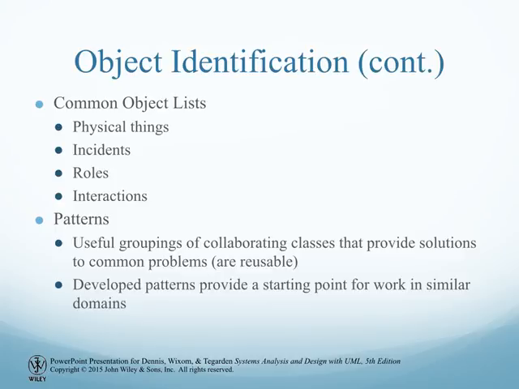The last one is patterns. Now, patterns is useful for simplifying these diagrams and basically creating common groups of classes that are reusable. So, for example, you could have a transaction pattern because there's very often transactions that occur in these systems, and that transaction could be used for an online transaction, an in-person transaction.